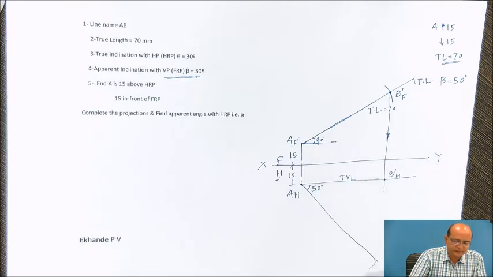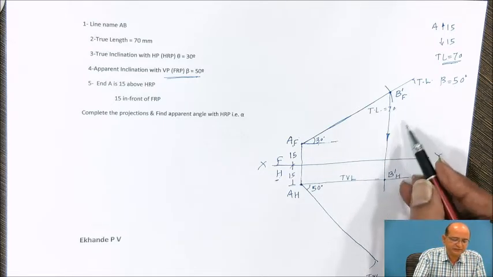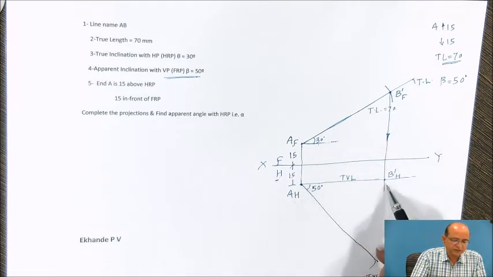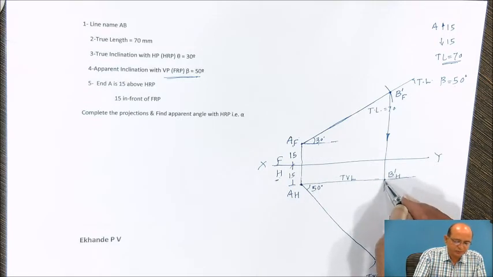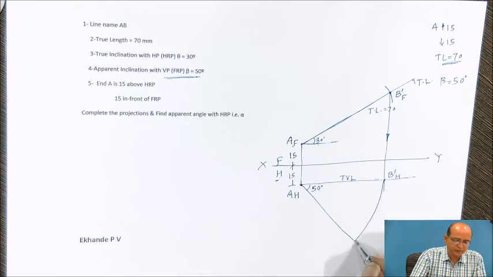So this is the line on which we will get the top view, and we can mark the top view length over here. We will take the distance equal to AH B dash H in the compass, and we will have the marking of this top view length on this side. From this B dash H we will have the rotation, and the intersection over there will be obtained as the BH point.